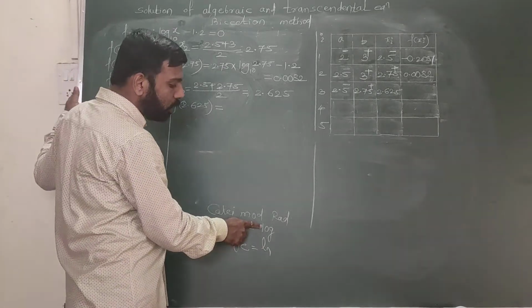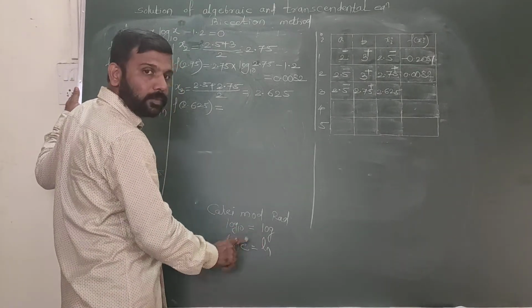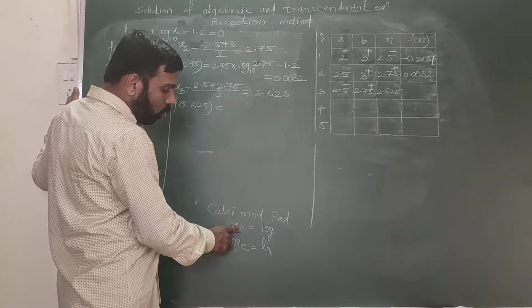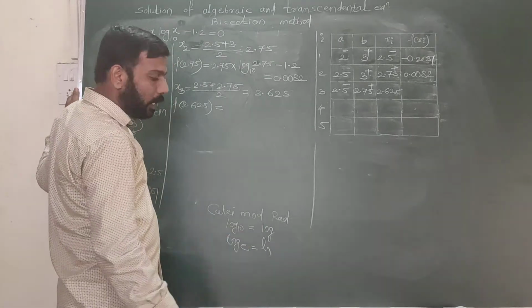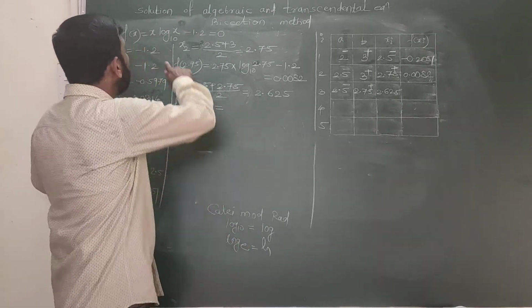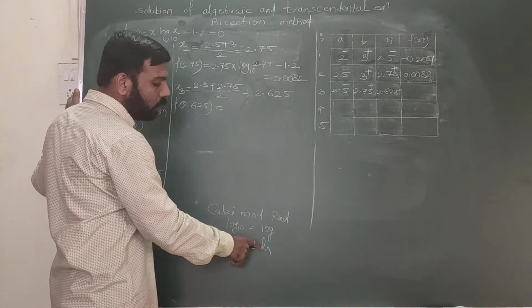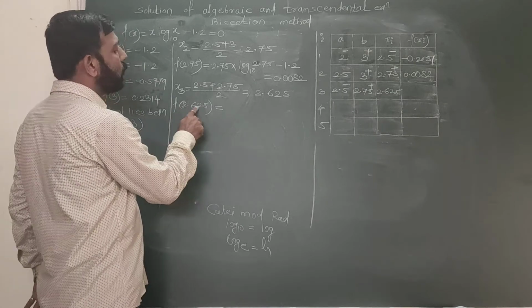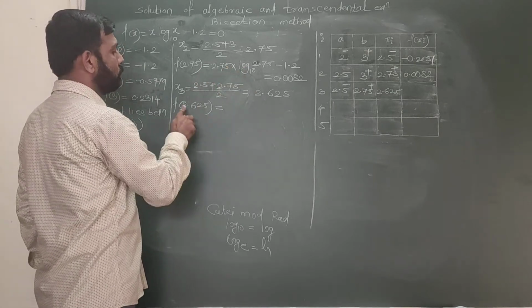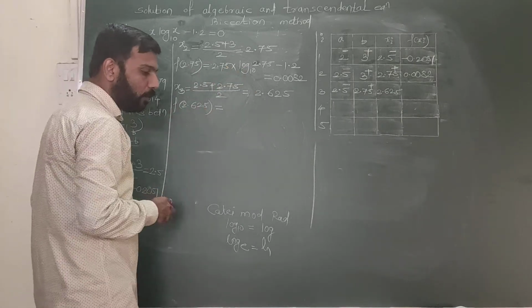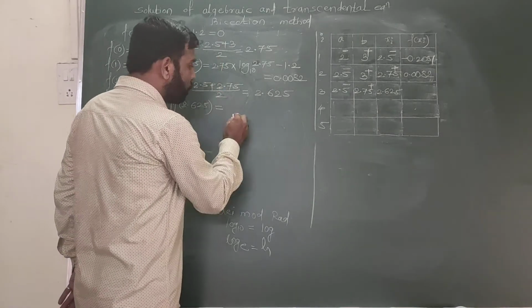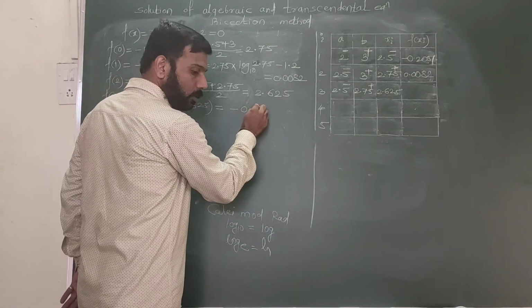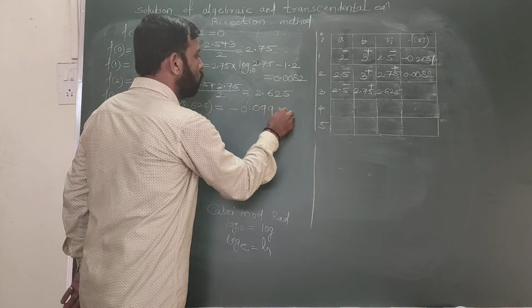So there are two keys on the calculator, log and ln. If we have log to the base 10, we use the log key. If we have log to the base e in the equation, we use the ln key. So remember, f of 2.625 is minus 0.0998.